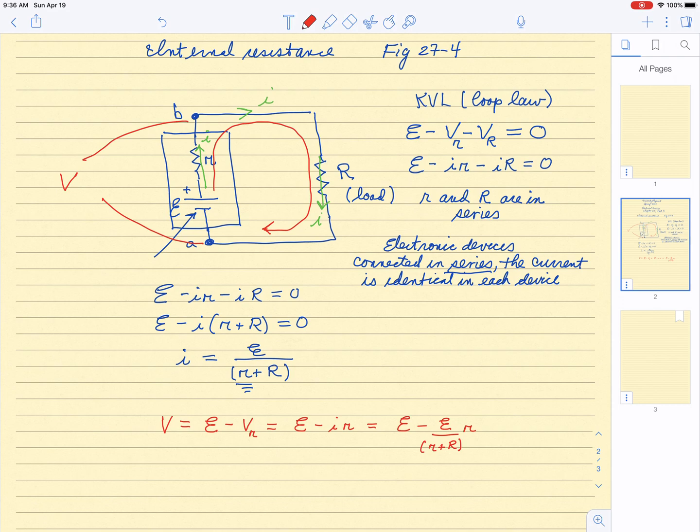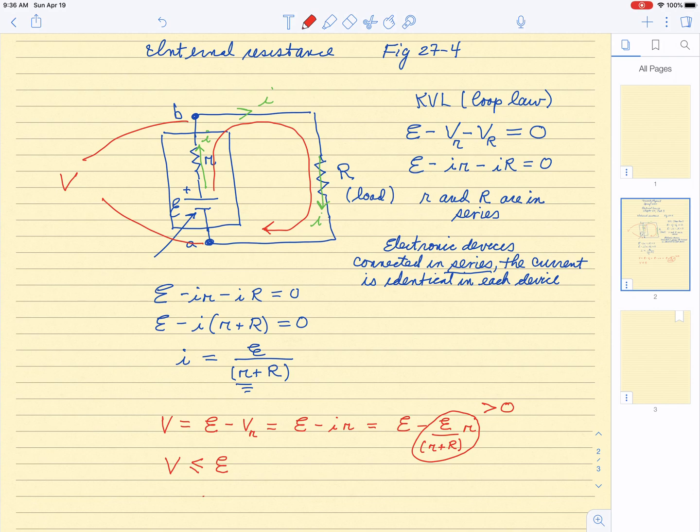So that now is going to be positive for sure. So this will always be greater than 0, which means that V is going to be less than or equal to the EMF.